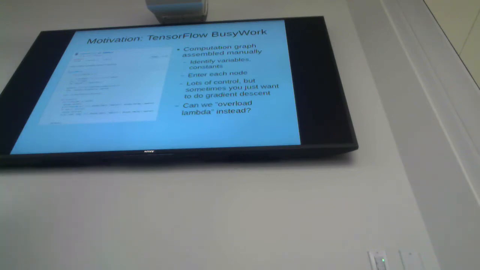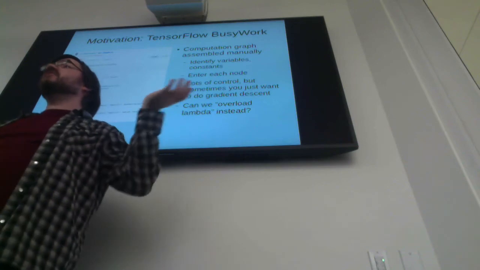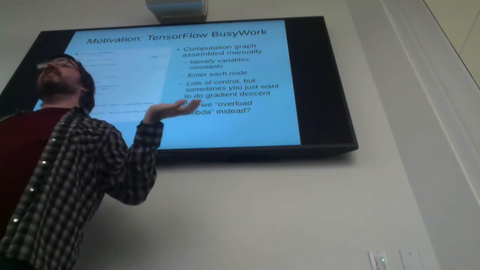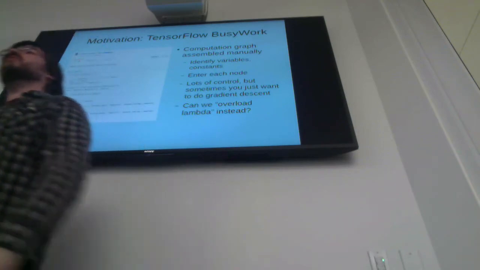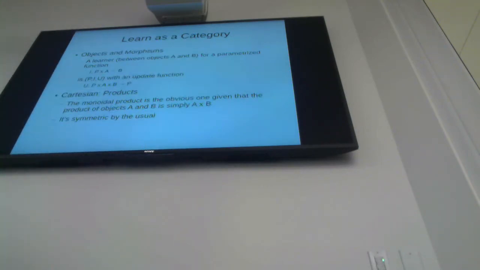So instead, wouldn't it be nice to write some parameterized function down, maybe say these are the parameters, and then just have it build us a network? The general strategy for this, which I should have had a slide for, is to have an abstraction for these learner networks, and then be able to translate from Lambda terms.